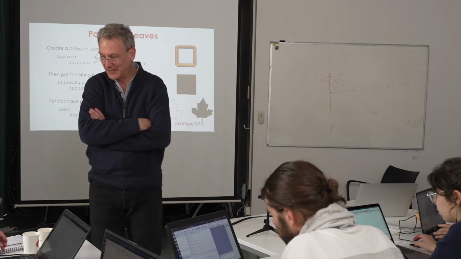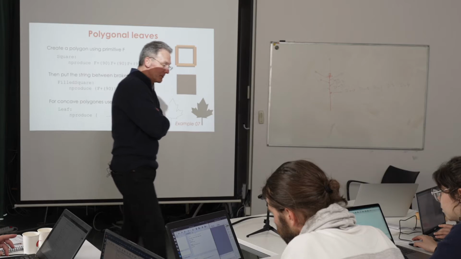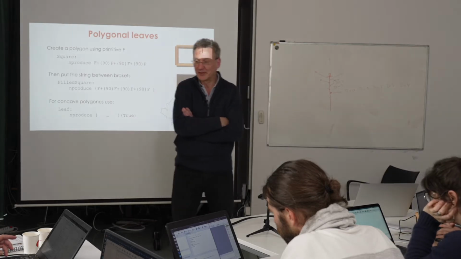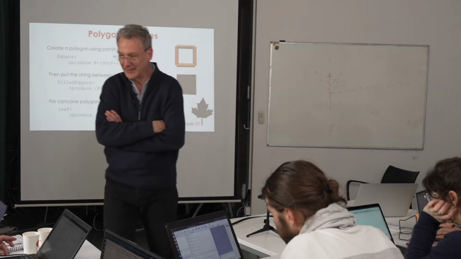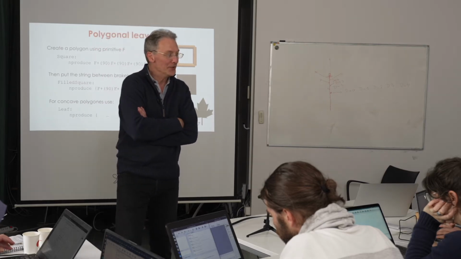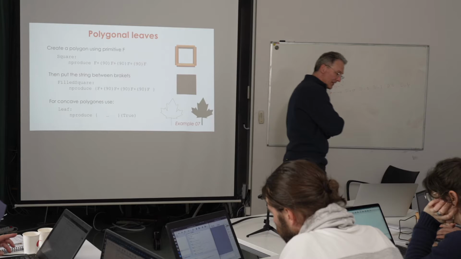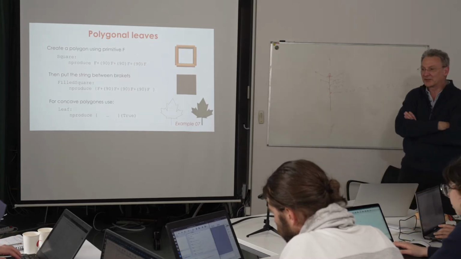Square 5 is not working. Yes, because I saw this morning, I forgot something. Can you guess what? True? No, no. I forgot to declare square 5 as a module. Oh, yeah. So you need to declare square 5 as a module.